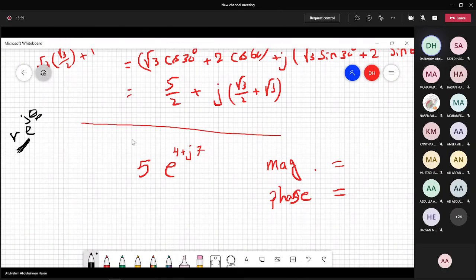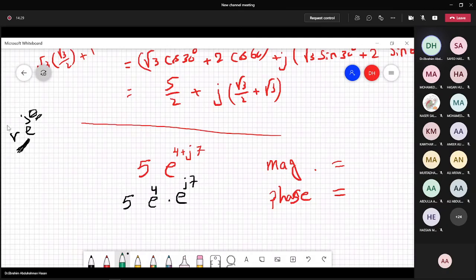So we have to put it in this form, in Euler form. This is e to the power of 4 plus j7. It is not a pure j, so we have to put it in this form. So then I can write it as 5 multiplied by e to the power of 4 multiplied by e to the power of j7.